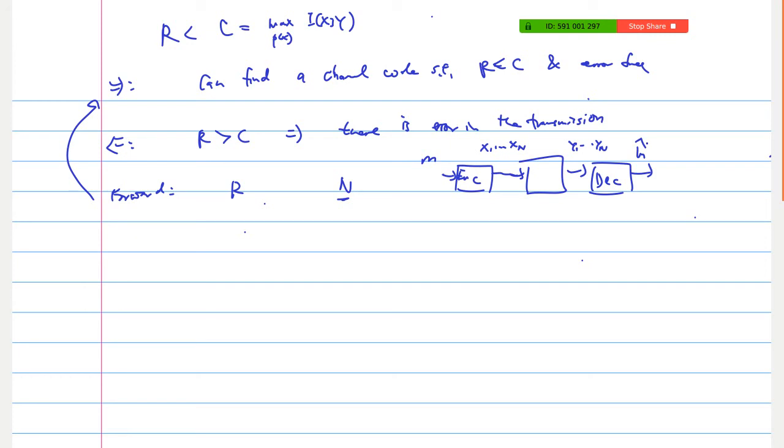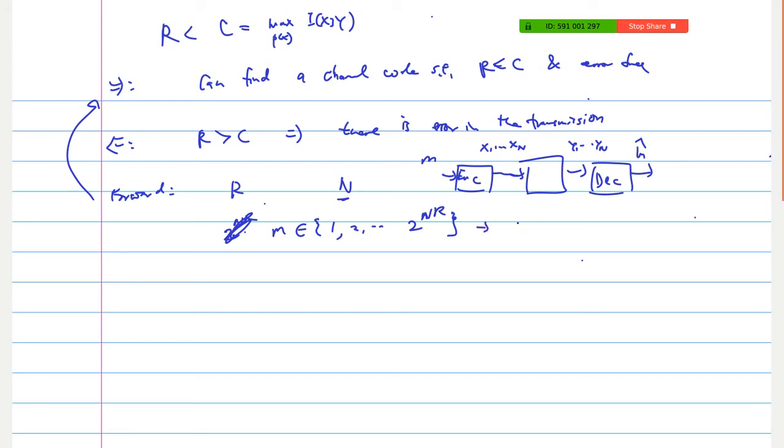Since the rate is R, there will be 2 to the nR messages. So the set of messages, M, will take values 1, 2, and so on, up to 2 to the nR. I will assume a binary channel here just for simplicity.